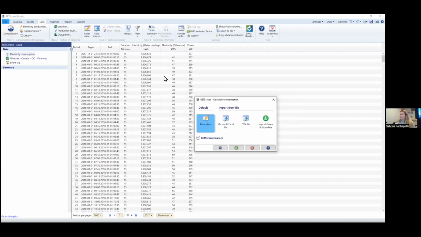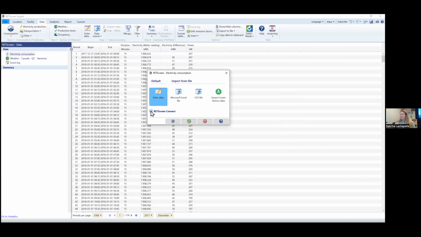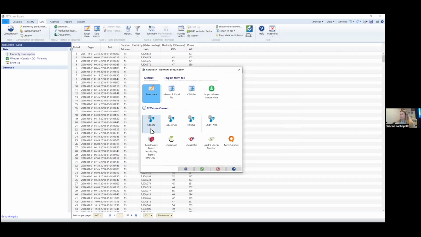If I click here on RETScreen Connect, you will see a list of different connections that we have. The ones here at the top represent external data sources, such as OLE database, SQL servers, or MySQL. And here at the bottom, we have different types of connection with data monitoring systems.